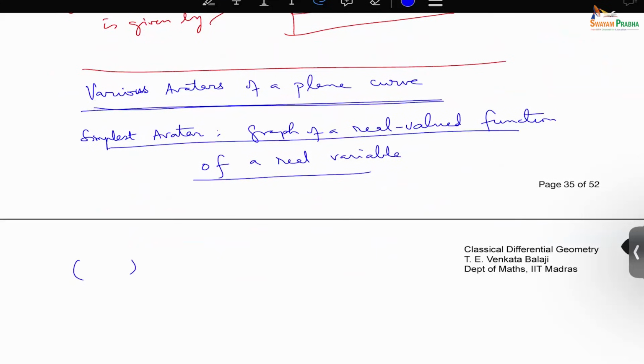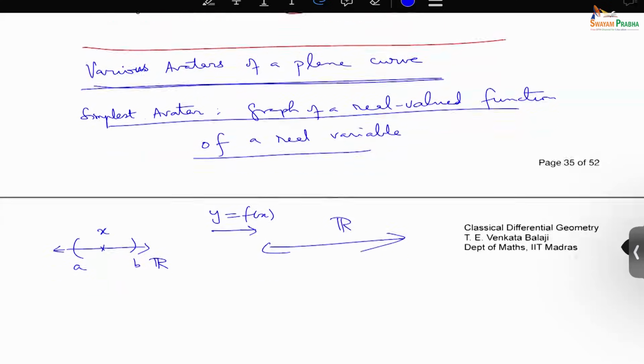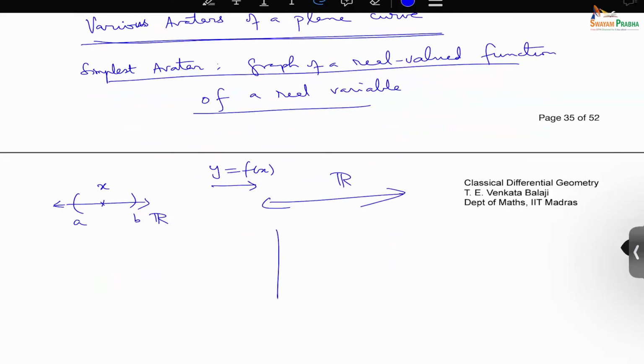Basically, you take some open interval on the real line, and usually we use x and y, so let me use x and y. So there is x here. Then you have this function y is equal to f of x, and this goes again into the real line. Then you plot the graph of this.